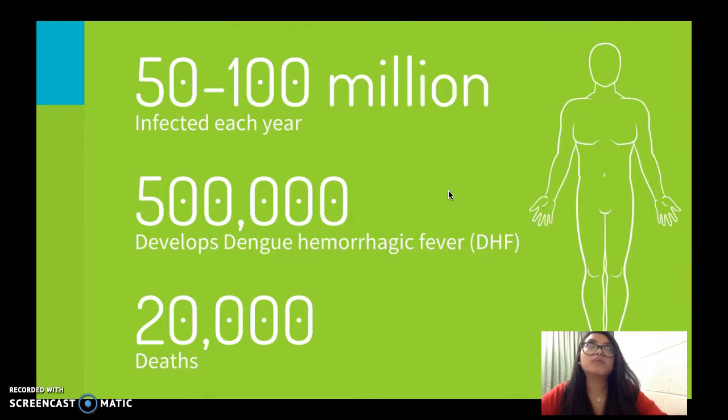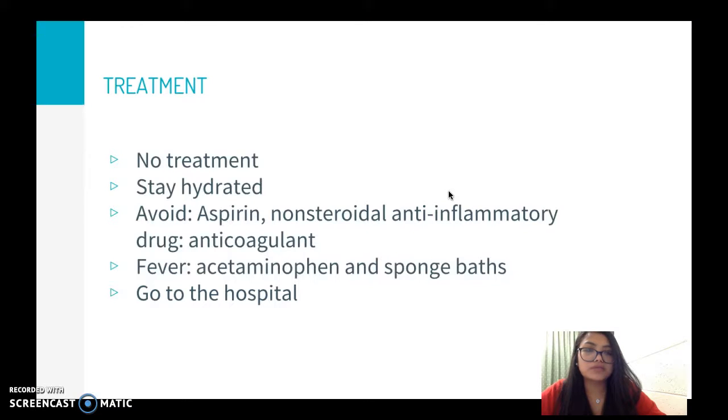Instead of having 1 or 2% fatality, if there's no proper treatment, it will increase up to 20% fatality. So 20% of deaths occur each year because of the dengue virus.